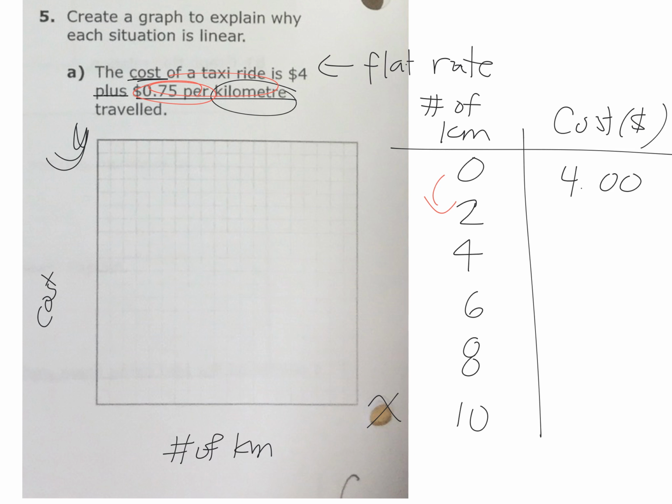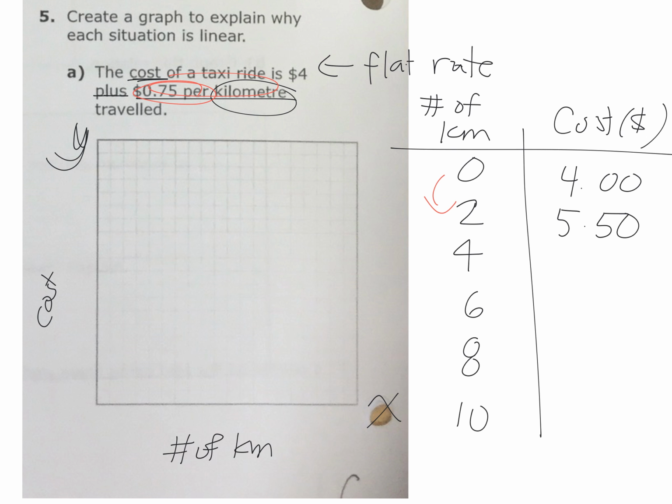It's 75 cents for every kilometer. I want you to tell me what the total is for 2 kilometers. Okay, so 2 kilometers would be $5.50 because it's 75 cents per kilometer. What's 75 cents plus 75 cents? $1.50, plus you have to add the $4. So every 2 kilometers, we're going to go up by $1.50.